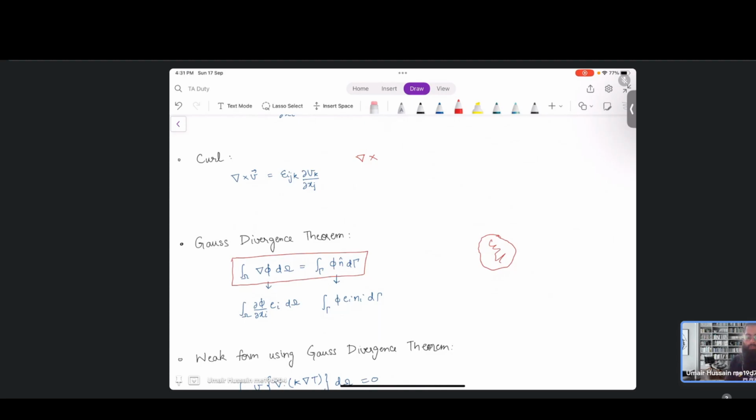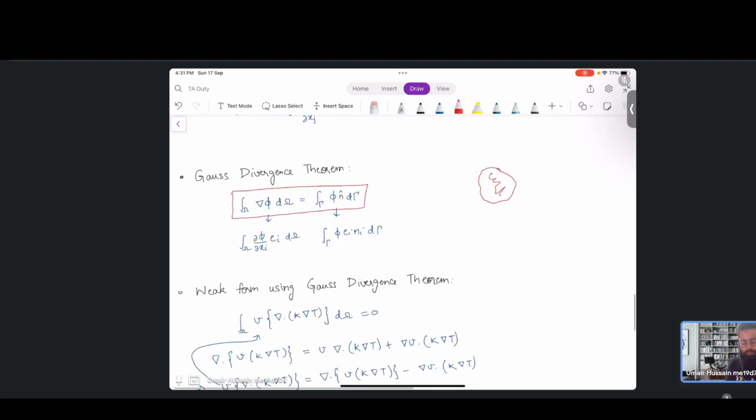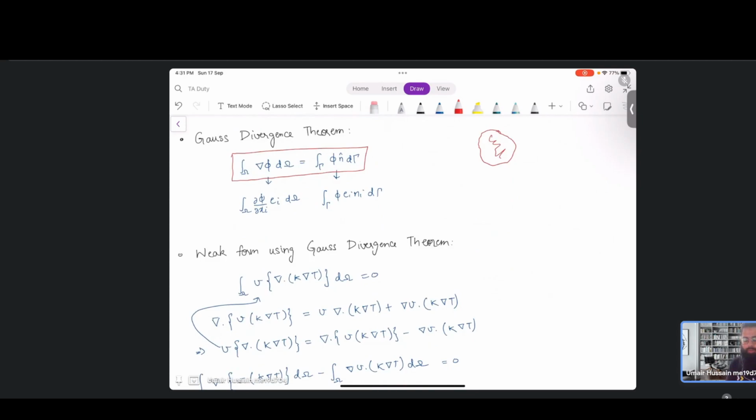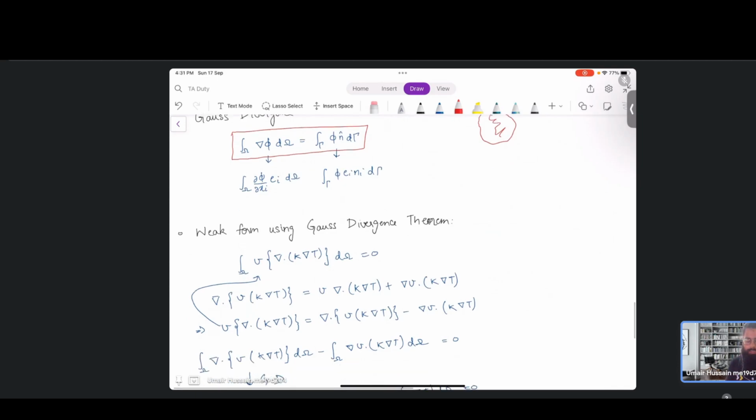This is actually useful in getting the weak form in 2D problems. If you remember, we used to perform integration by parts in 1D problems to get the weak form. Here, instead of that, we can use the Gauss divergence theorem to do the same thing.